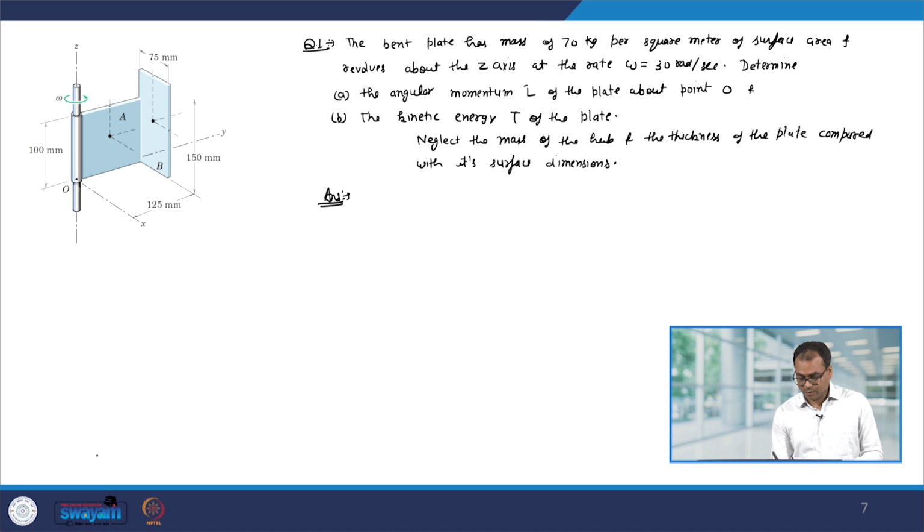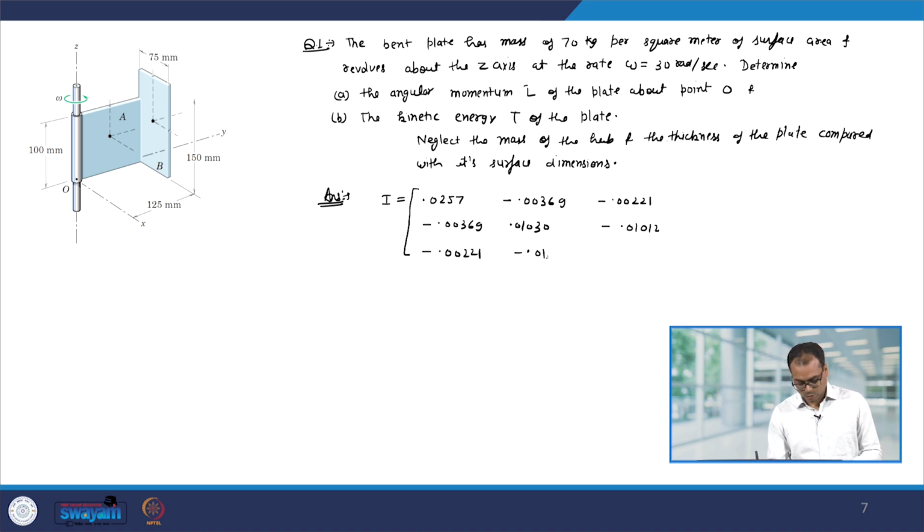The dimensions are given and I comes out to be 0.0257, minus 0.00369, minus 0.00221; minus 0.00369, 0.0130, minus 0.01012; minus 0.00221, minus 0.01012 and 0.01834.